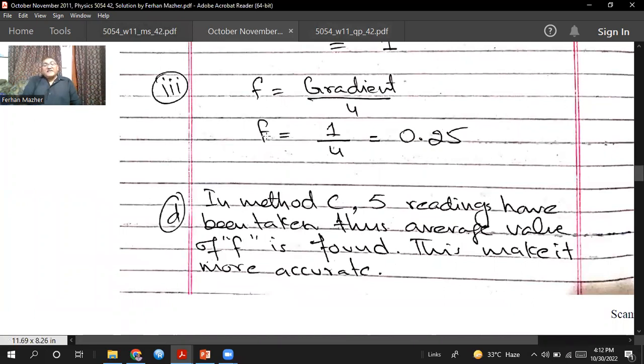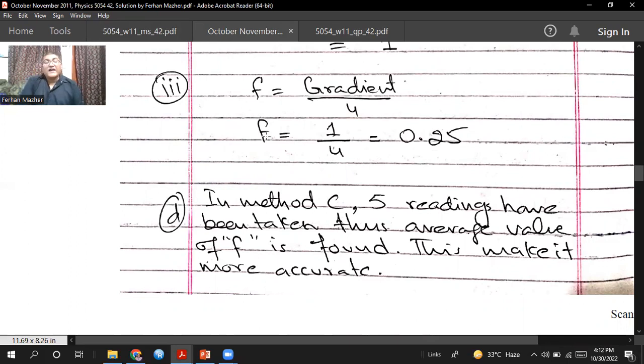So in method C, 5 readings have been taken, thus the average value of F is found. This makes it more accurate because you have taken 5 readings and calculated the focal length for each reading. In the B part, you have taken only 1 reading. In the C part, we have taken different readings and we have taken the average.